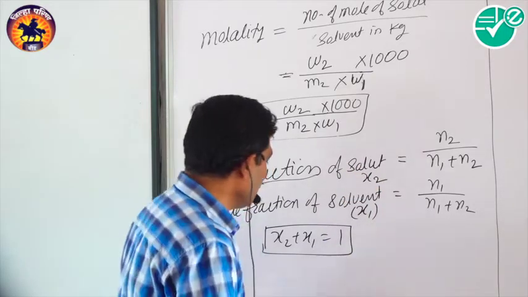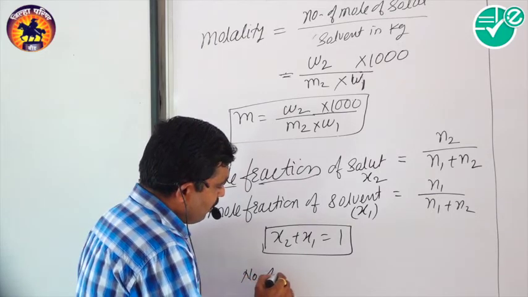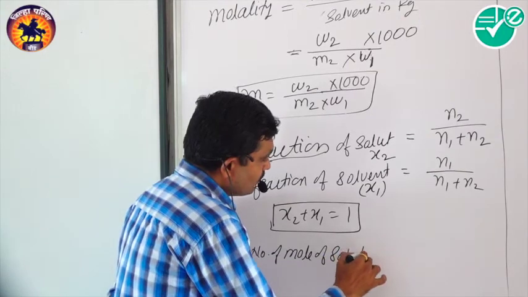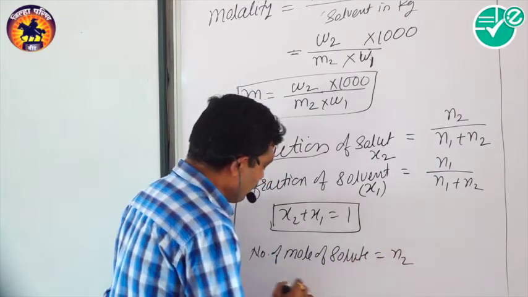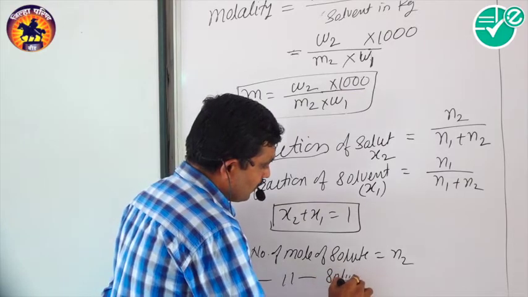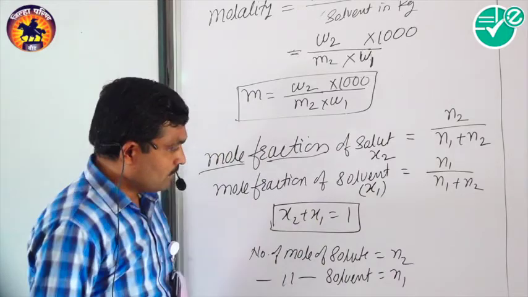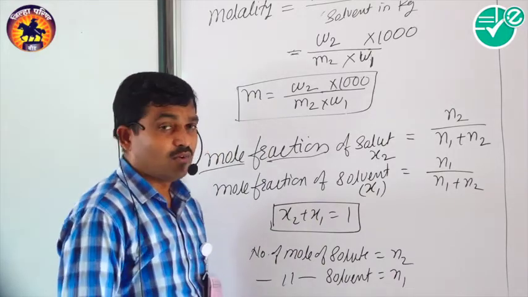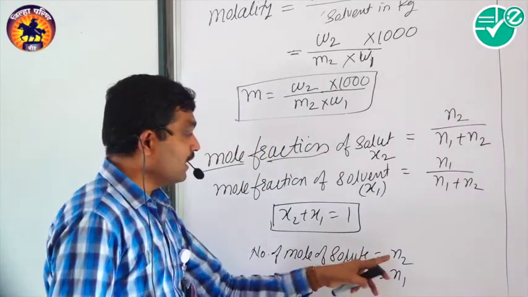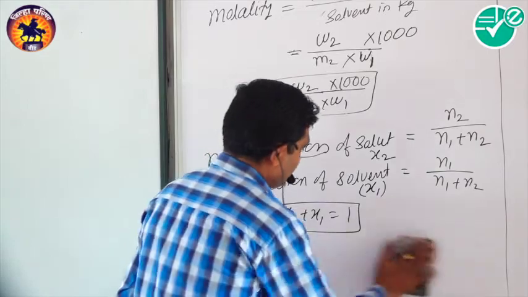The number of moles of solute is N2 and the number of moles of solvent is N1. So remember that 1 is for the solvent and 2 is for the solute.